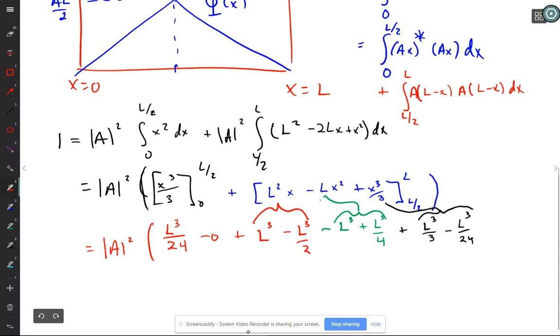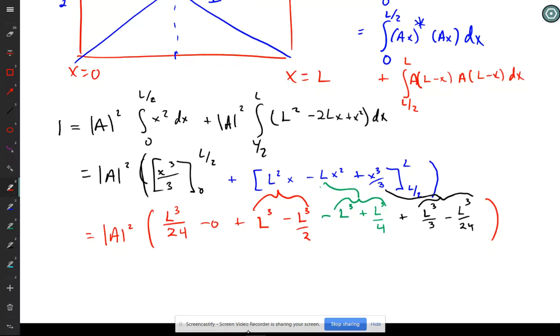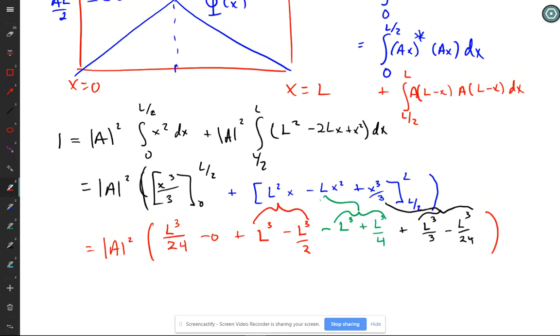Okay, so there I've color coded for each of the terms. And now I have to combine them. So I'm going to combine them carefully this time. And every term has an L cubed, so I can factor out the L cubed and not have to worry about that.